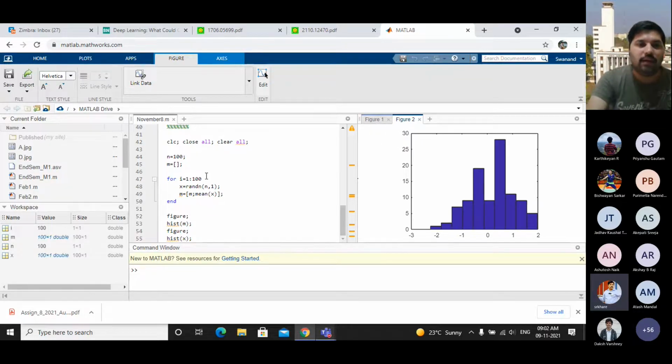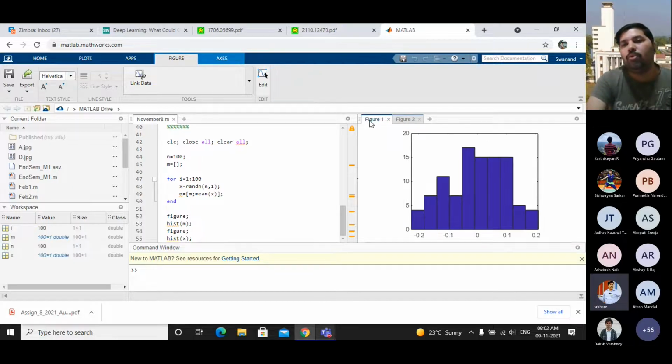Here n is 100, so the standard deviation is sigma by root n. Sigma is 1, root n is 10, so 1 by 10. So 3 by 10, minus 0.3 to 0.3, is the acceptable range. 99.99% of the probability mass is between minus 3 by 10 and plus 3 by 10. Do you all agree how I got the number minus 3 by 10 to plus 3 by 10?